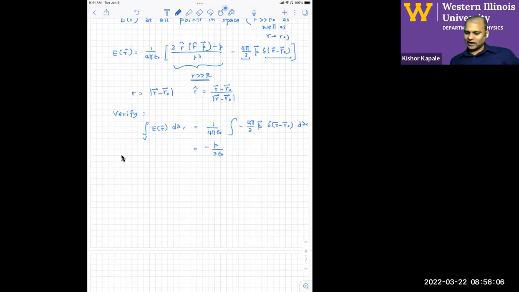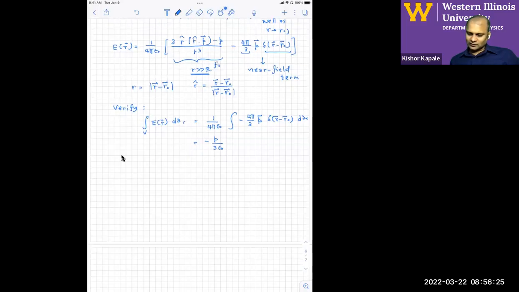And so that's why we need to add this. So these are near terms, if you will, or near field terms. That means you're getting close to the charge distribution. And this is the far field terms.